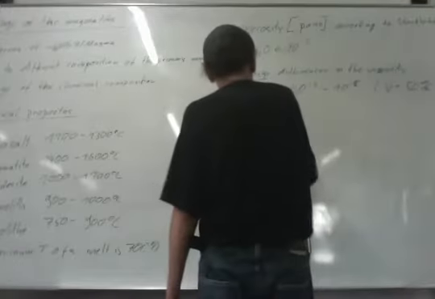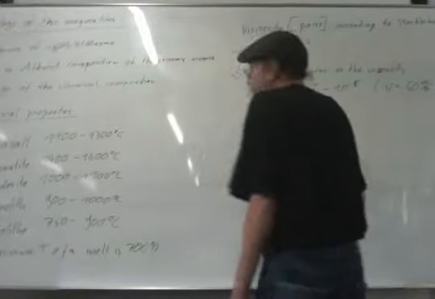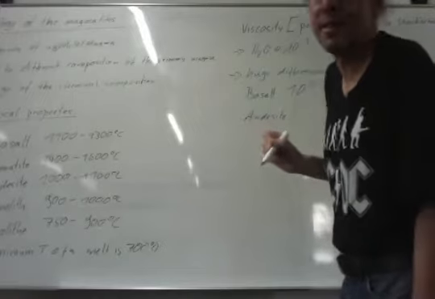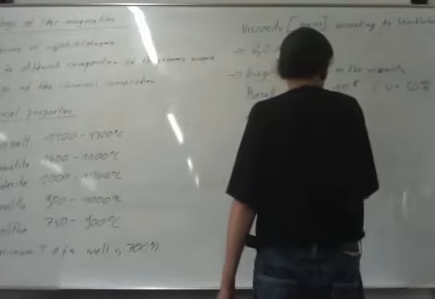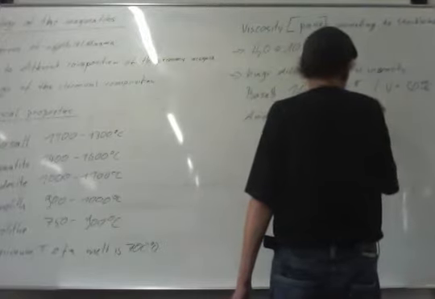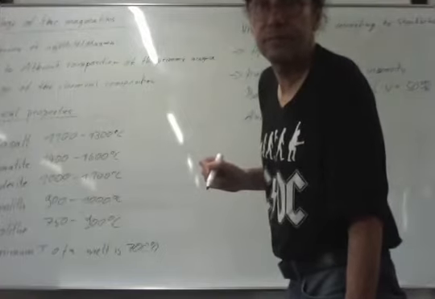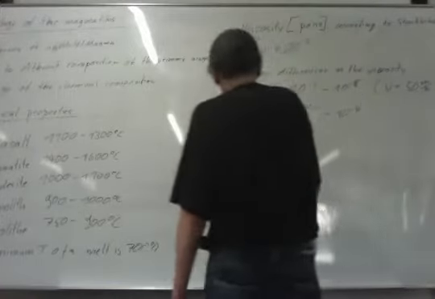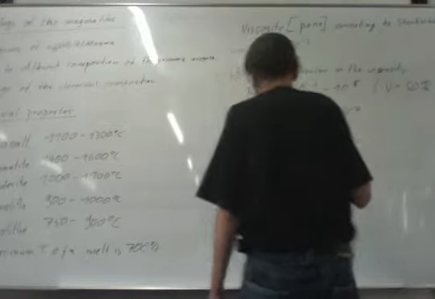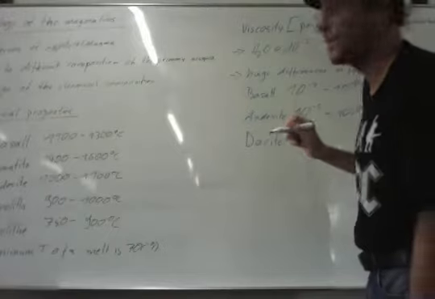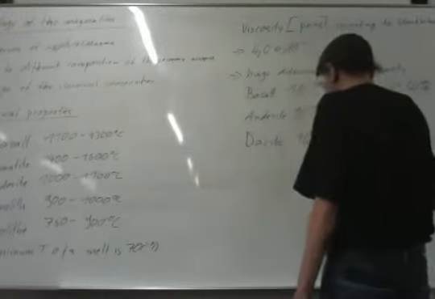Then we have the andesite. The andesite has a viscosity ranging between 10 to the power of -6 to 10 to the power of -7. Then we have the dacite, and the dacite has a viscosity of 10 to the power of -10.